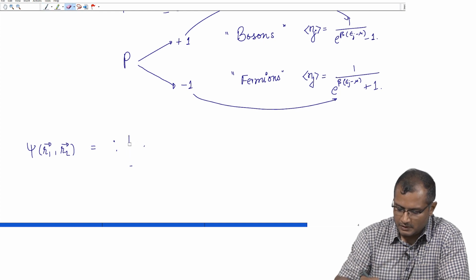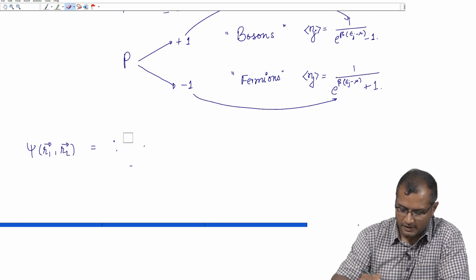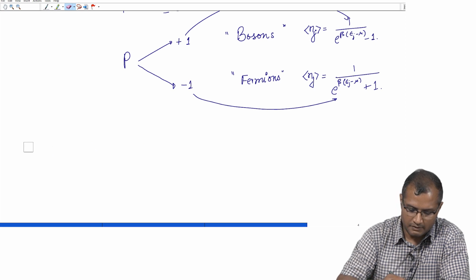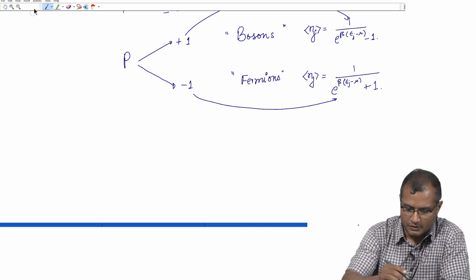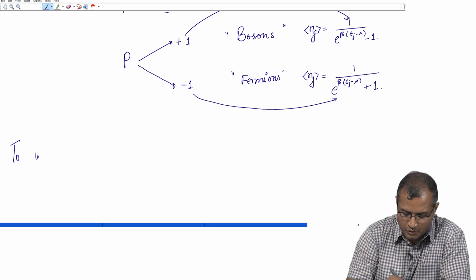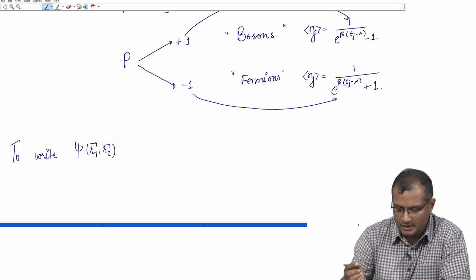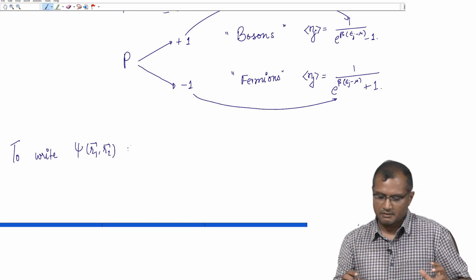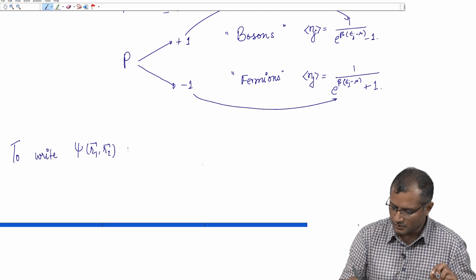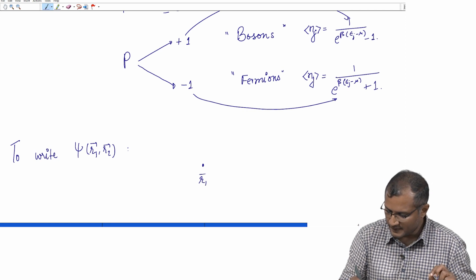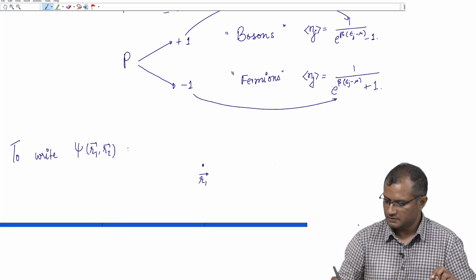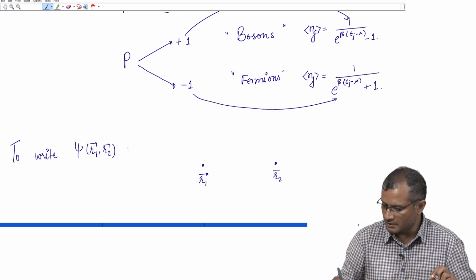Let me first write down the single particle states, so draw a figure. To write psi, we consider two single particle states. So, I have one particle at location r1 and another particle at location r2.